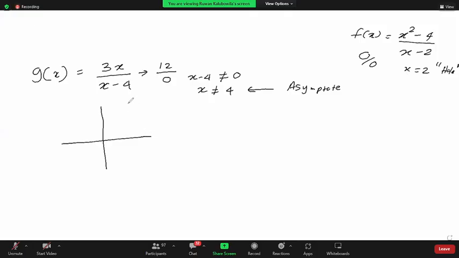So the number is number 4. Let's apply some numbers more than 4. If we apply number 4 here, you can see this goes to positive infinity.